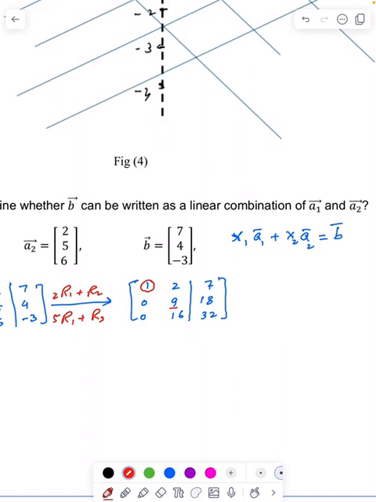So I multiply row 2 by 1 over 9, and we can easily do the multiplication by 1 over 16 of R3. The first row is not changing, but the second row becomes this, and the third row.